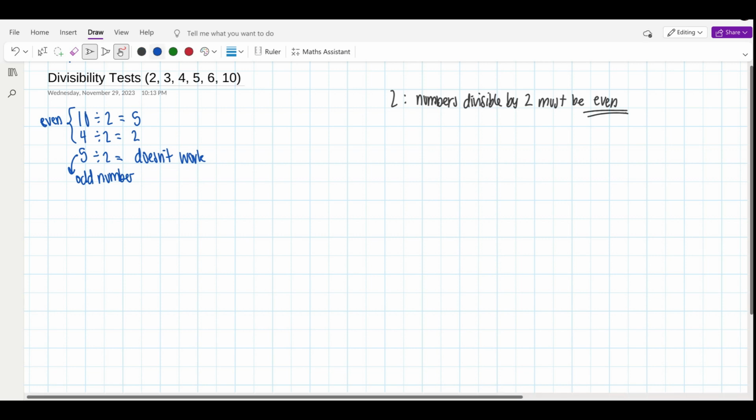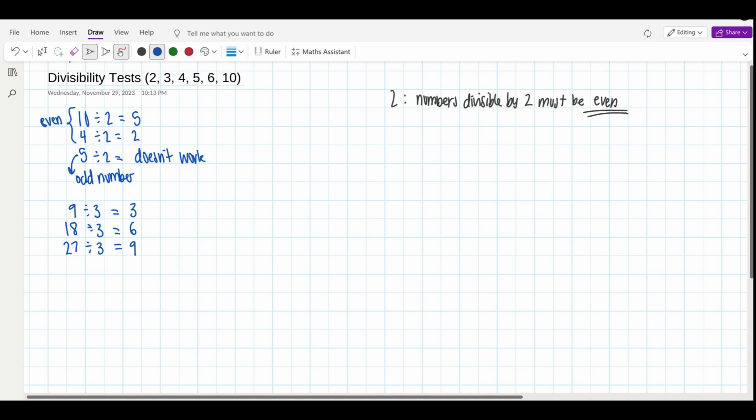Now let's have a look at 3. If we take 9 divided by 3, we know that that's 3. What about 18 divided by 3? Well, if you know your times tables, you'll know that that's 6. And if we have a look at 27 divided by 3, we can see that that is 9.